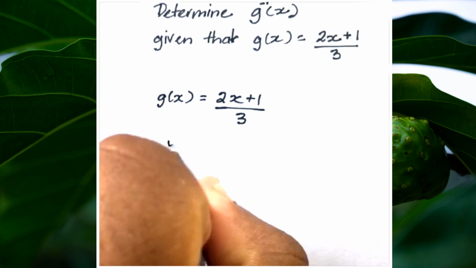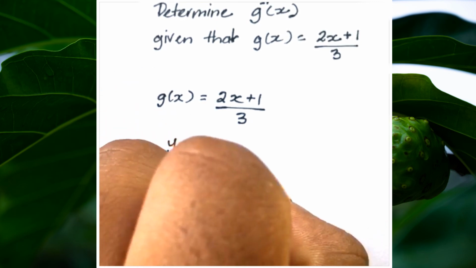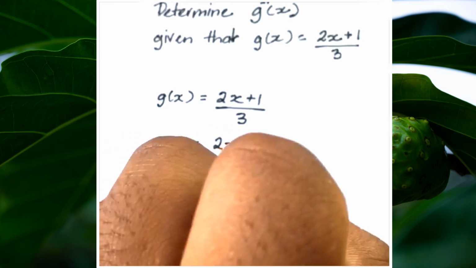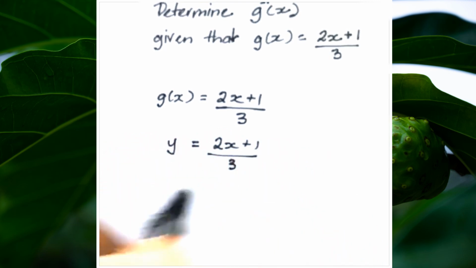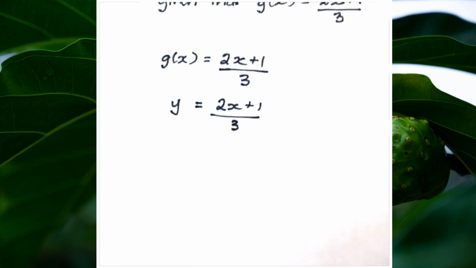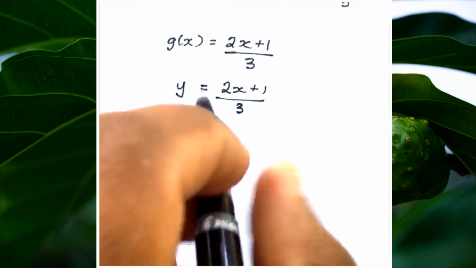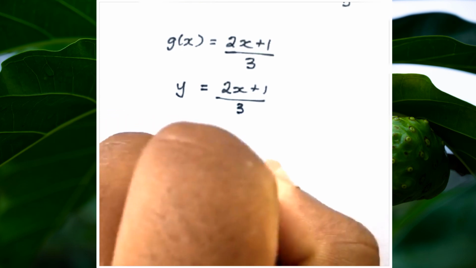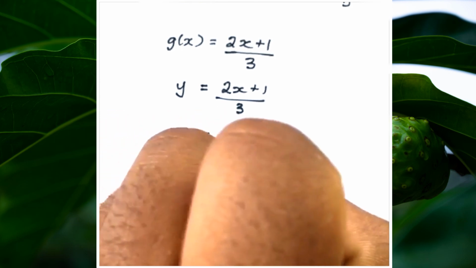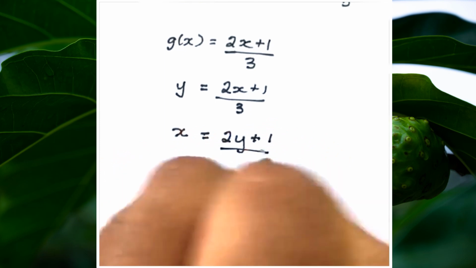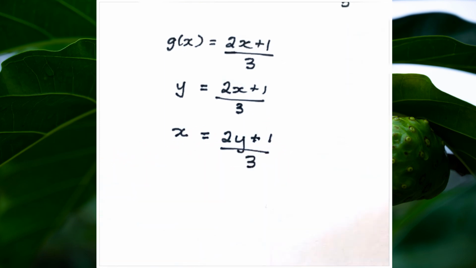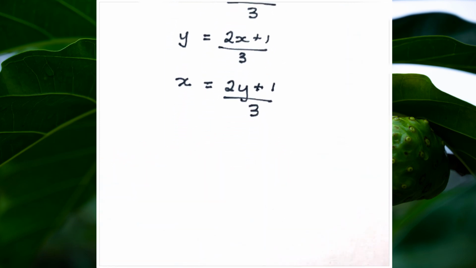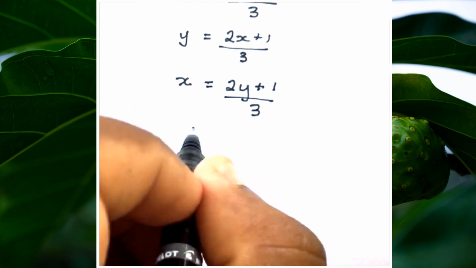Change g of x to y. That's the first step. Second step, swap x with y and y with x. So y becomes x and x becomes y. Next, solve for y by transposition.